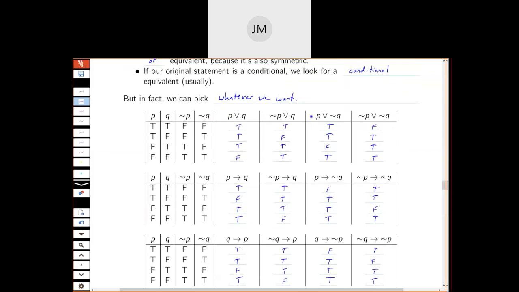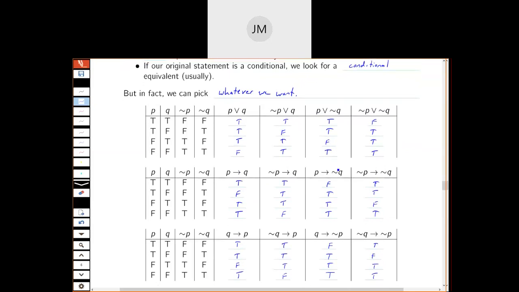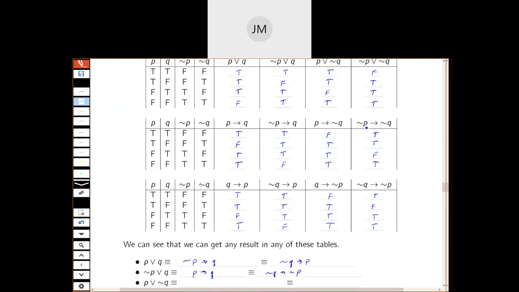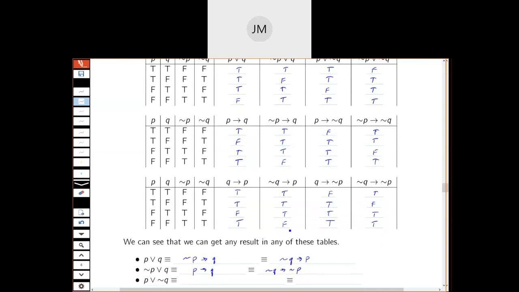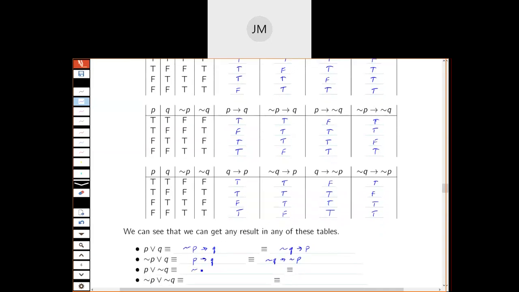The third or statement has the false in the 3rd spot. If not P, then not Q has a false in the 3rd spot. If Q, then P has a false in the 3rd spot. So these 3 are equivalent.